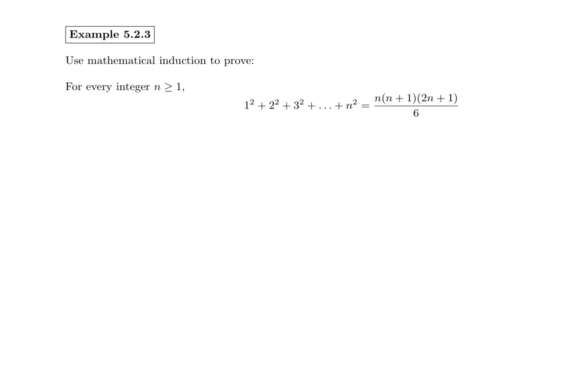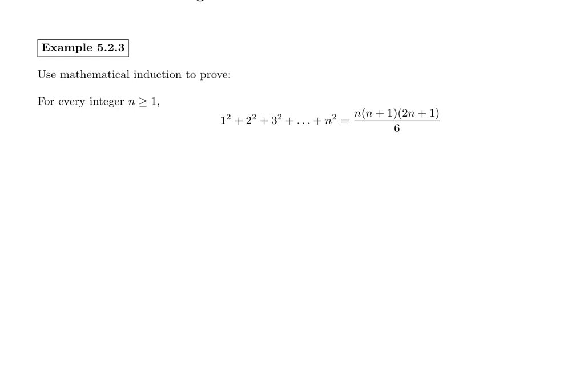And it asks us to use mathematical induction to prove that for every integer n that is greater than or equal to 1, so we've got Z plus again, 1 squared plus 2 squared plus 3 squared plus all the way up to n squared is equal to n times n plus 1 times 2n plus 1 all over 6. So yeah, this might be a bit more challenging in terms of algebra, but I think we can handle it.